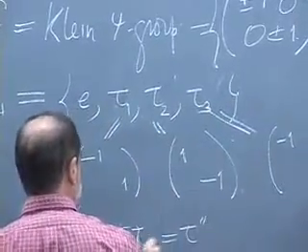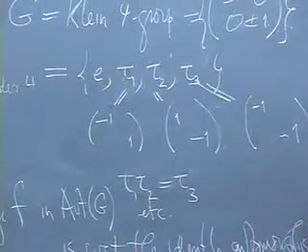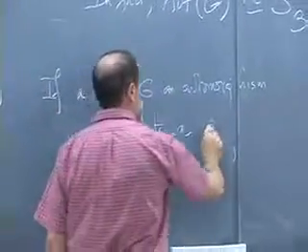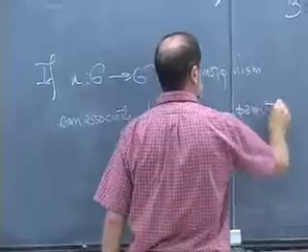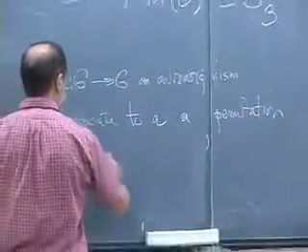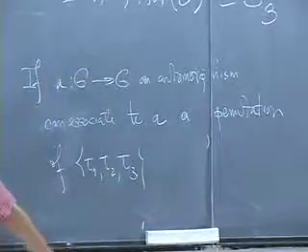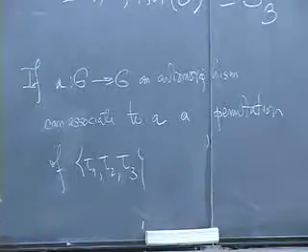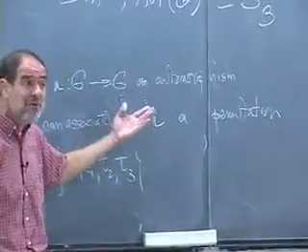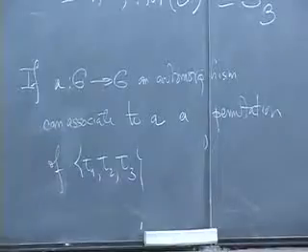So tau 1 times tau 2 is tau 3, etc. I can associate to this, maybe I'll call A an automorphism so we don't get confused, a permutation of the set tau 1, tau 2, tau 3, which gives me an element in the symmetric group on 3 letters. Very good. And if I know that element in the symmetric group on 3 letters, I certainly know the automorphism of the group, because I know where it sends tau 1, tau 2, tau 3, and I certainly know where it sends the identity.